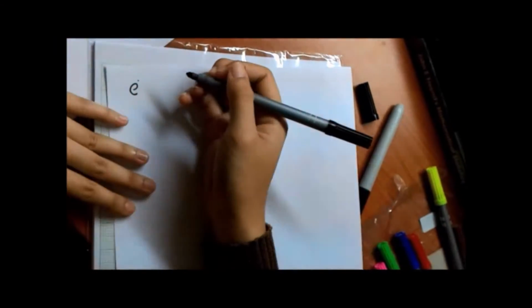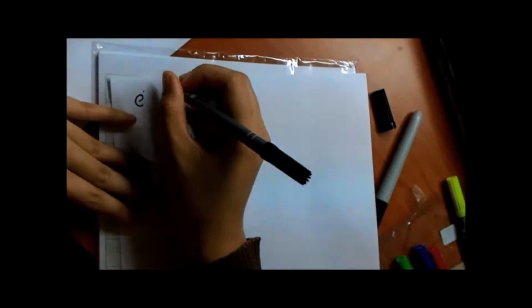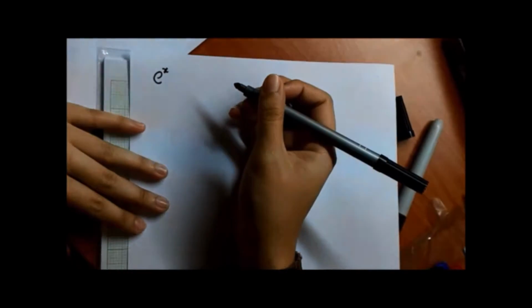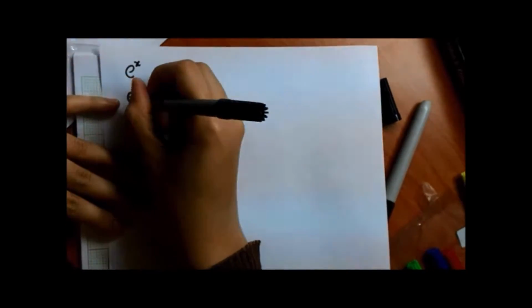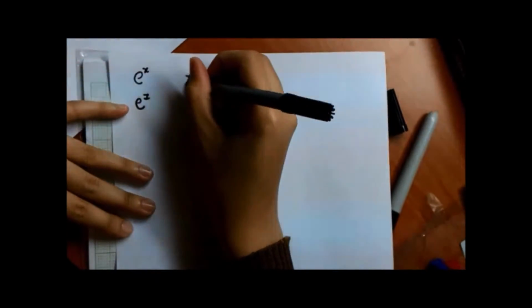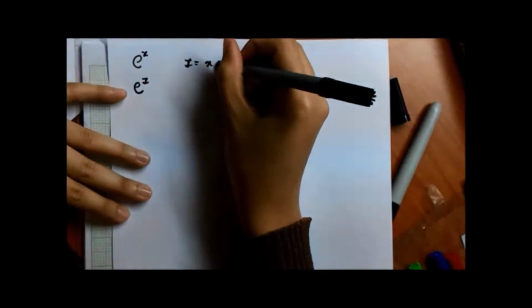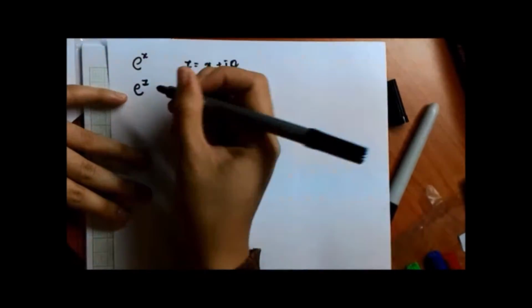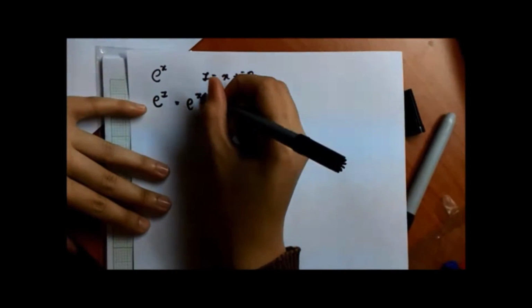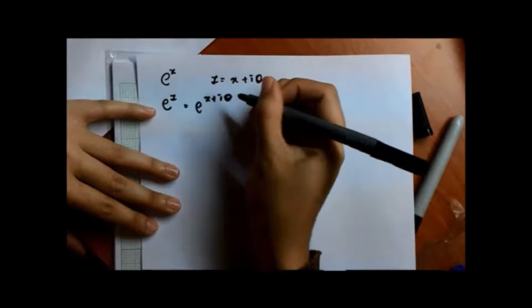Firstly, in the real case, the exponential function is equal to e^x. So let's apply this in the complex case. Thus, the exponential function is equal to e to the power of z. We know that z is equal to x plus i theta. Then we apply this, we get e^(x plus i theta).